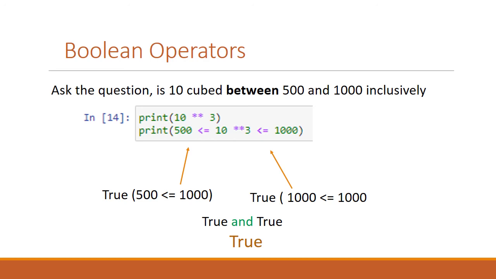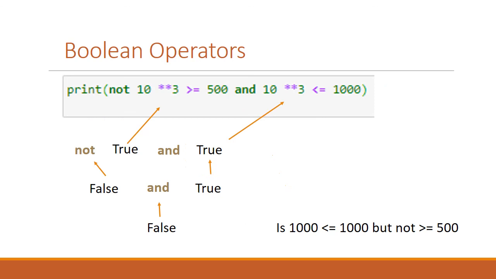That's true. So we have true and true. So the entire expression is true. So the question is 10 cubed between 500 and 1000 inclusively, and the answer to that question is yes, it is true.